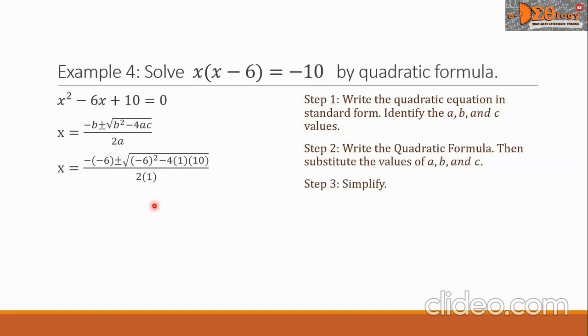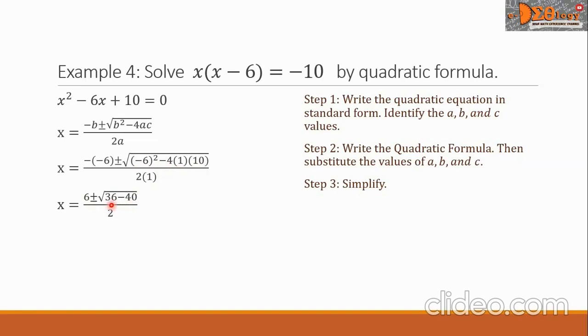Then step 3, we will simplify the equation. So the negative of negative 6 becomes positive 6. Plus and minus the square root of the square of negative 6 is positive 36. Then minus the product of 4 and 1 and 10 is 40.